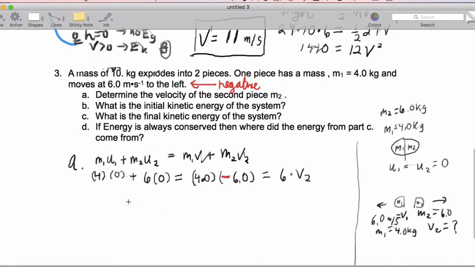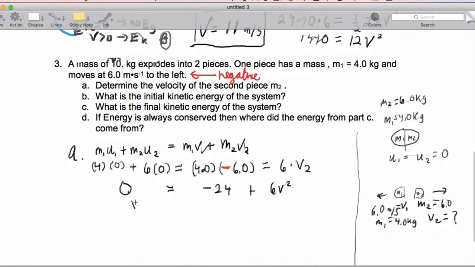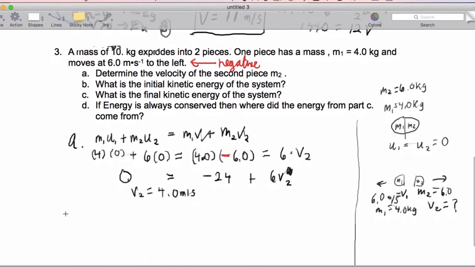So we're going to end up getting 0 equals negative 24 plus 6 times V2. So that is going to give us V2 equals 4, sorry, that's not V squared. The 2 should be down here. 4.0 meters per second.